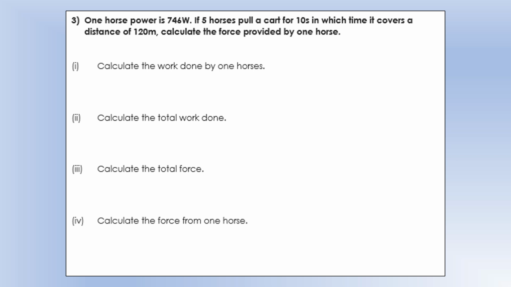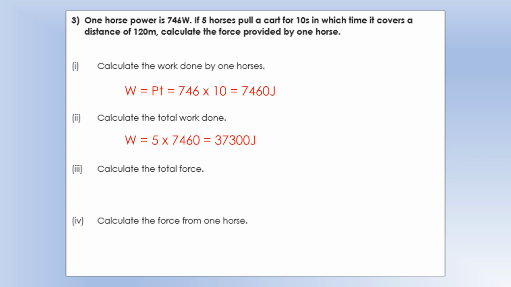All right, let's take a look. So what I'm going to do is calculate the energy supplied, or the work done, by the horse. Power is the energy transferred divided by time. In this scenario, we're transferring energy by doing work, so I've replaced the E with a W. If we do power times time, that means the horse has done a total work of 7,460.